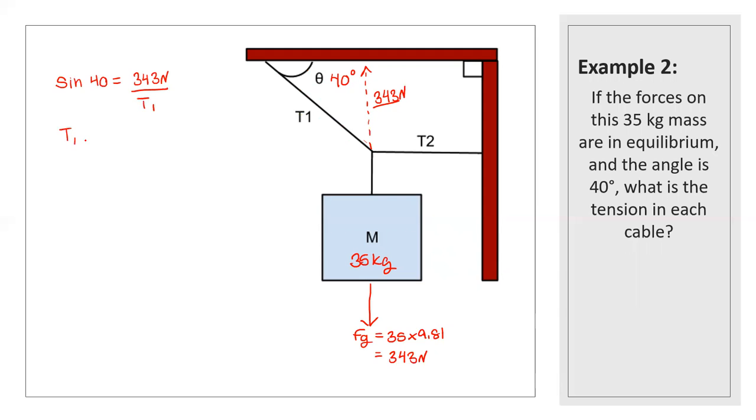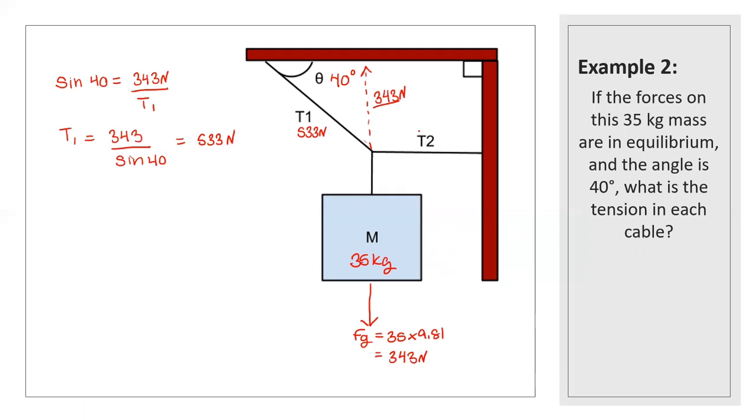So tension 1 is equal to 343 divided by the sine of 40, which is equal to, I calculated that here, 533. Bad when you can't read your own writing. I'm sure that's a 3, not an 8. 533 newtons. Okay, so we've just figured out tension 1.